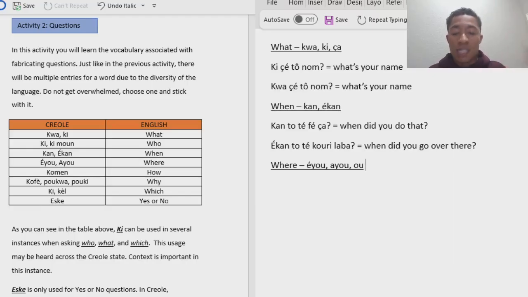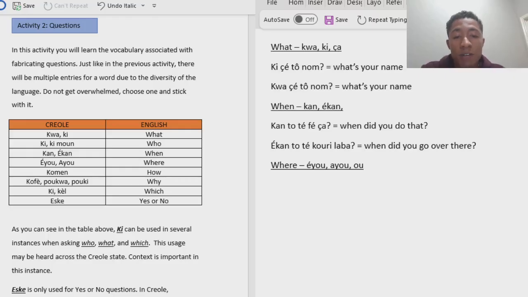Quand tu t'es fait ça, or et quand tu t'es fait ça, or et quand tu t'es couru là-bas. Actually, what I failed to mention is that sometimes you might hear ka, which is not the full nasalization of the N. Just something to keep in mind.